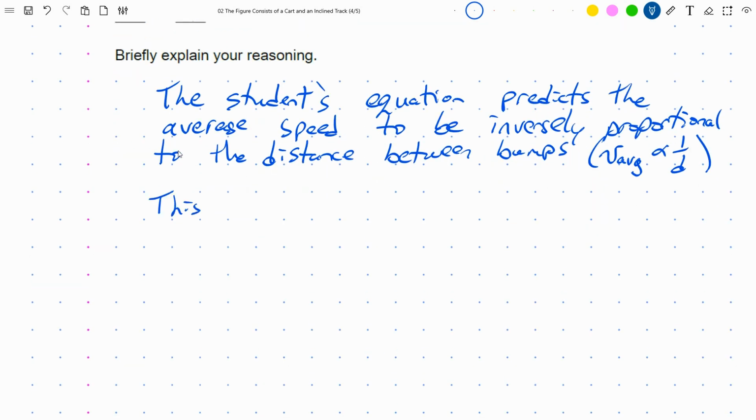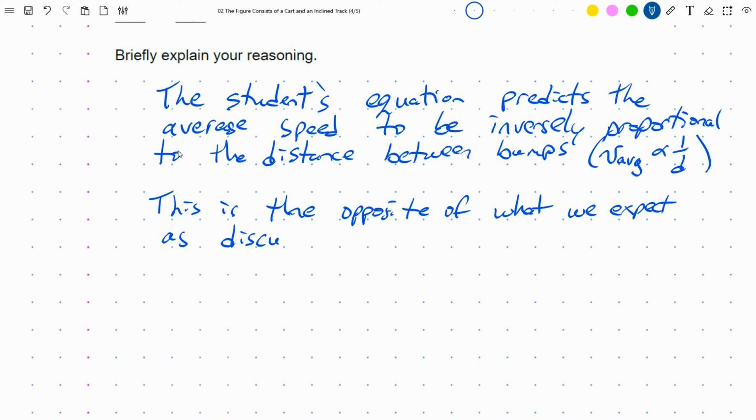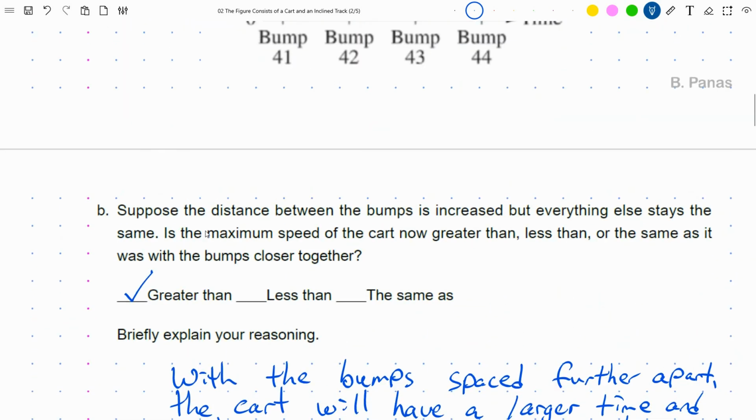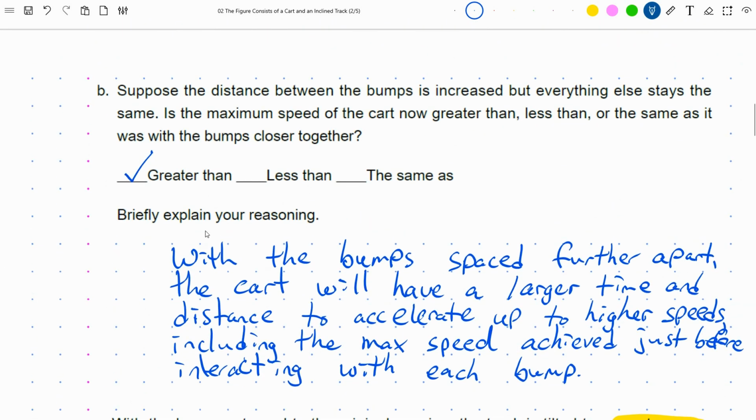This is the opposite of what we expect, as discussed in part B. Let me just refer to that. In part B is where we were talking about the distance of the bumps. If the distance increases, we're expecting a greater average speed.